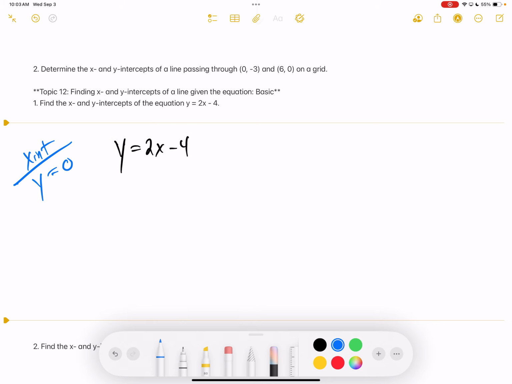So I put a 0 in for my y, and I solve for x. Here I'm going to add 4 to both sides, and I get 4 equals 2x. Divide by 2, and x equals 2. So my x-intercept is at 2, 0.